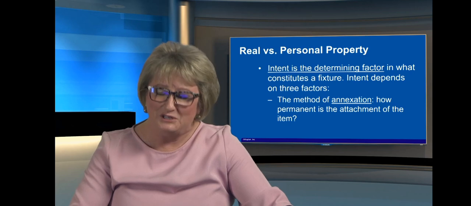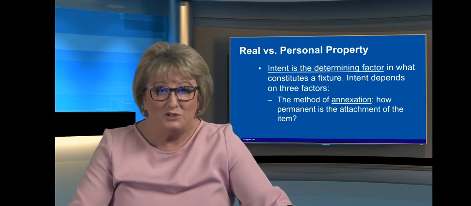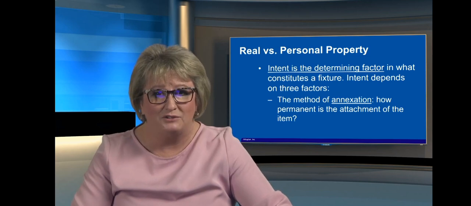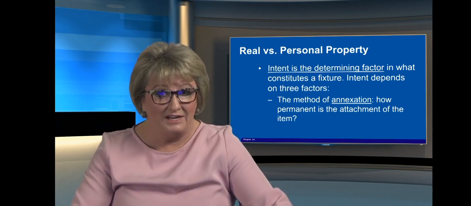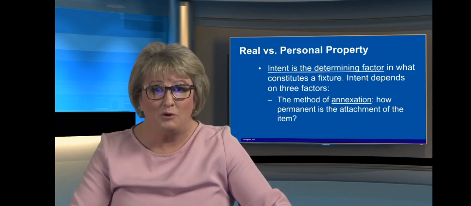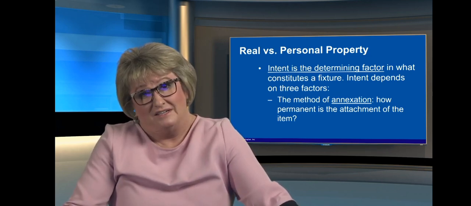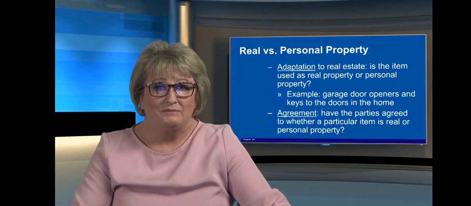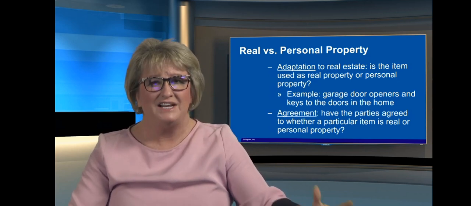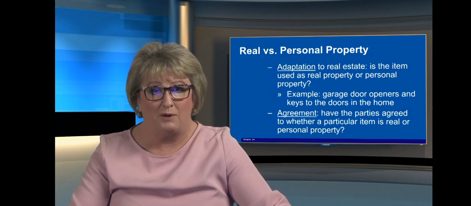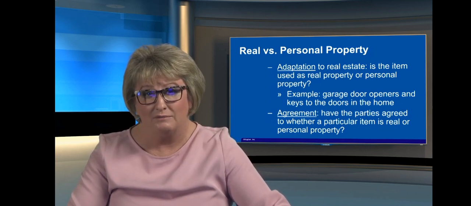Intent is the determining factor in what constitutes a fixture. Intent depends upon three factors: the method of annexation, how permanent is it? Adaptation, is it adapted to the real estate? Is the item used as real property or personal property?